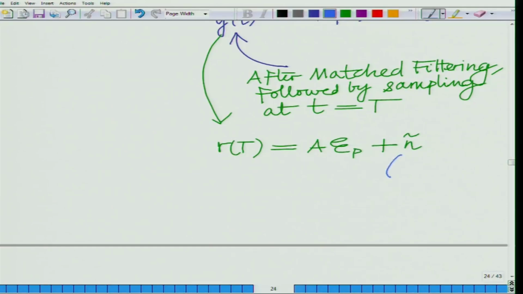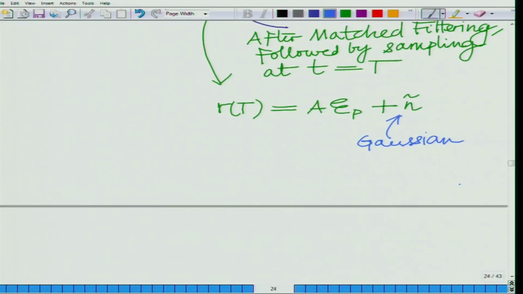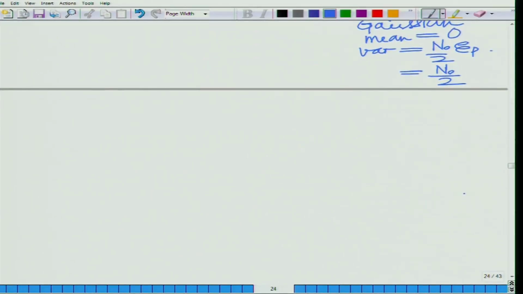We have derived these before. I am using a lot of results from what you have derived before for the general optimal receive processing and the binary phase shift keying scenario. So, n tilde is Gaussian with mean equal to 0, variance equals N_0 by 2 times E_p, but E_p equals 1. So, you can also say this is equal to N_0 by 2. Now, consider the information bit 1.